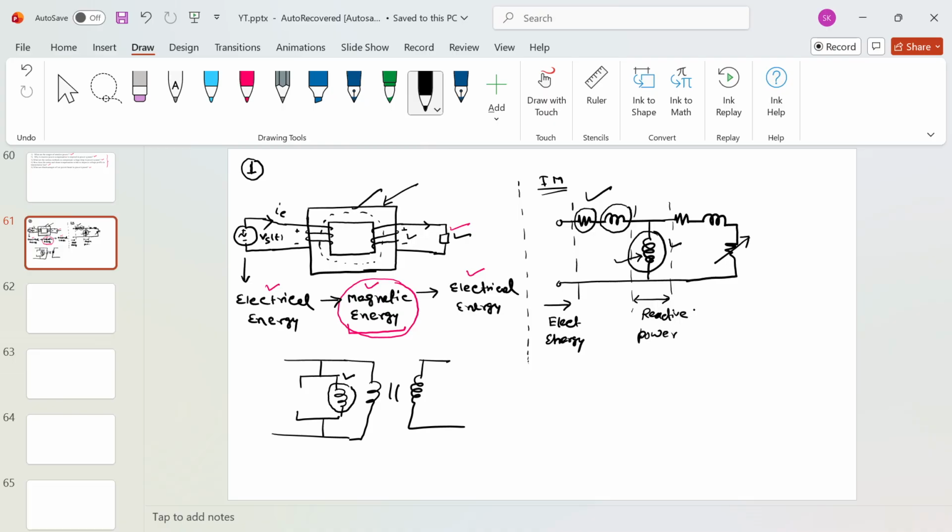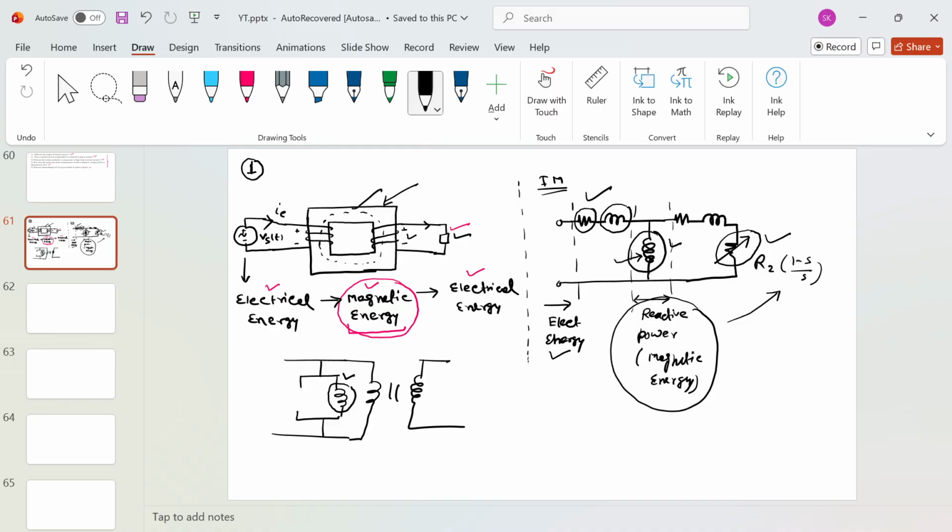Reactive power is associated with the magnetic energy, and this magnetic energy is again converted into rotational energy, because this is the mechanical load represented in the electrical domain, which is nothing but R2 (1 minus S) by S. So you have electrical energy, then you convert it into magnetic energy, then that magnetic energy gets converted into rotational or mechanical energy. So this is the part of the induction motor.